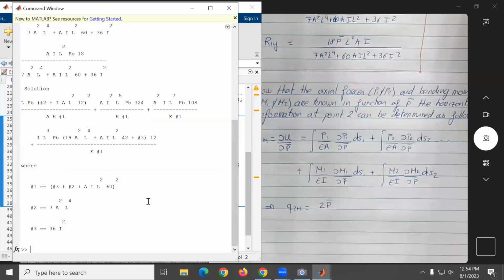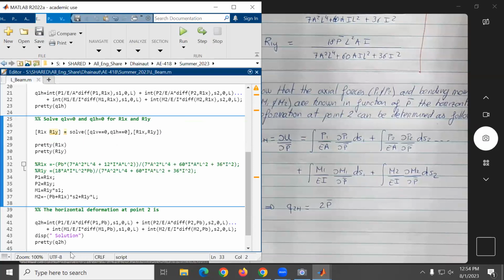Yeah, so you see how beautiful the solution is. But it should not be that bad. You have to simplify it. Simplify Q2H. Yeah, because it's not bad.